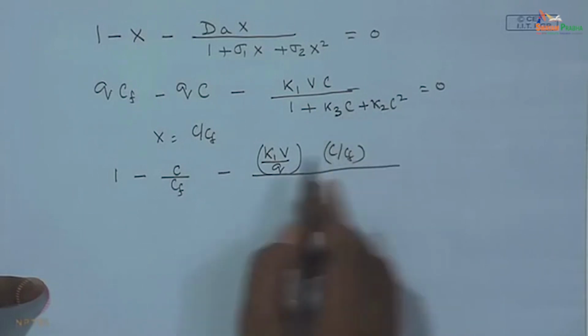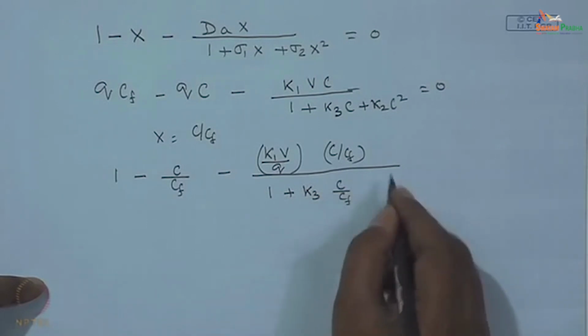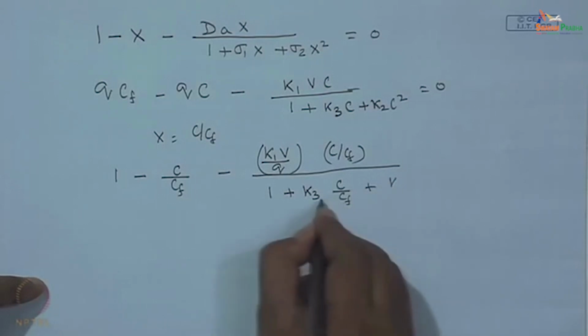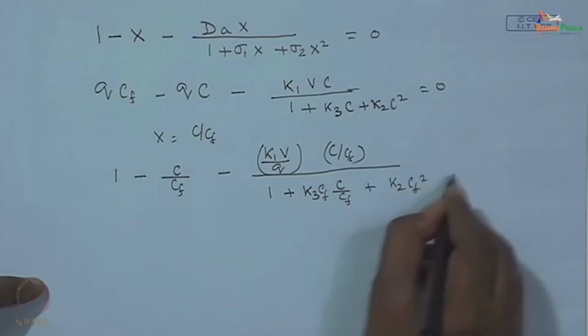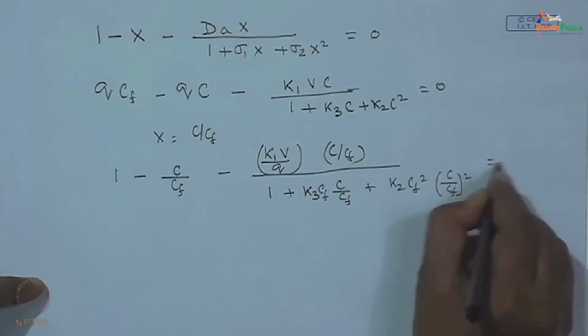Then we make these things also non-dimensional. So, 1 plus K3 C by Cf times Cf plus K2 Cf square times C by Cf square, that will be equal to 0.